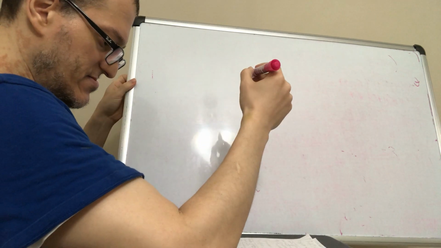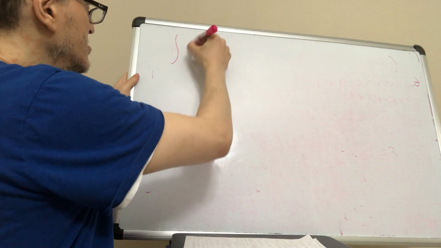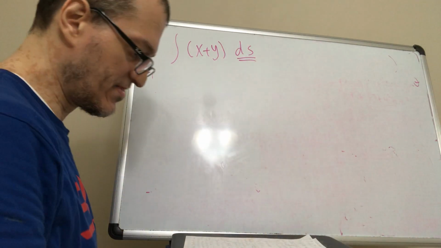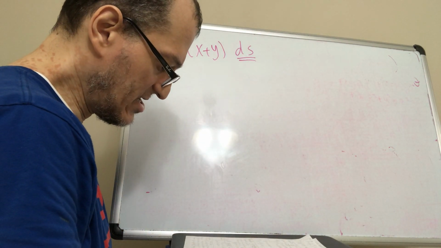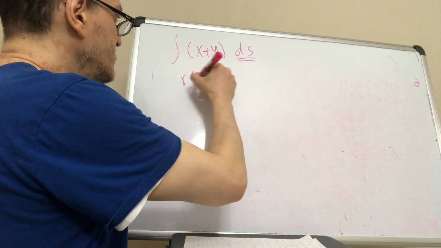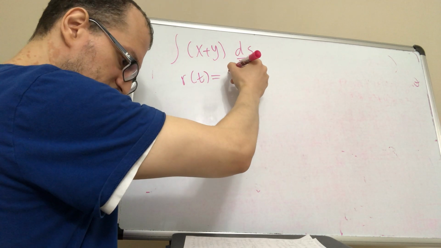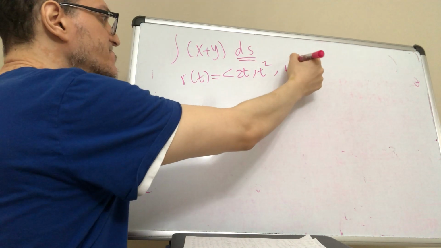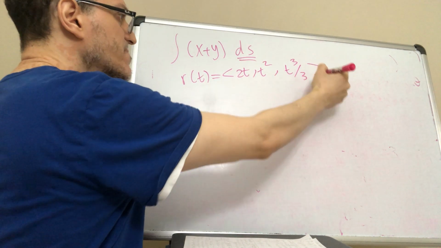So this question, evaluate x plus y ds, and they give you the curve. They tell you it's 2t, t squared, t cubed over 3.